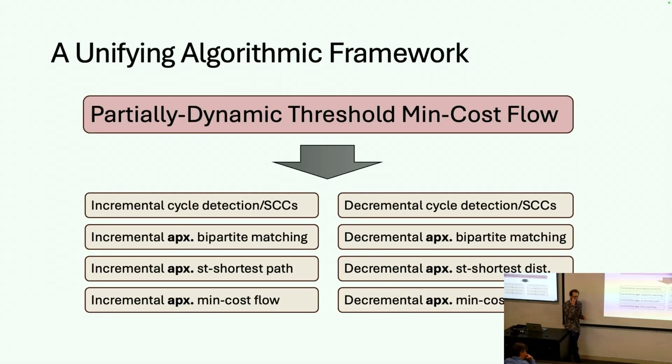These algorithms form a unifying framework that allows you to solve a lot of the core questions on partially dynamic graphs via a problem called threshold min-cost flow. Threshold min-cost flow immediately gives algorithms for incremental cycle detection, bipartite matching, shortest path, and min-cost flow in the partially dynamic setting, either incremental or decremental. I'll define these applications in more detail later.